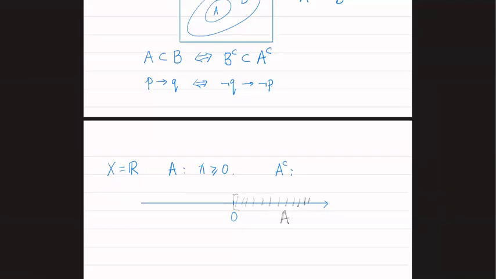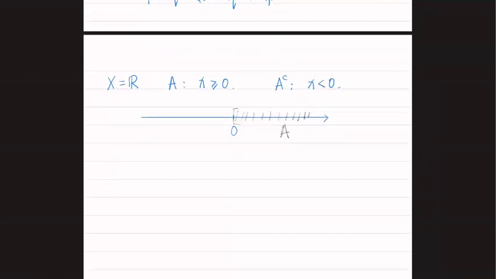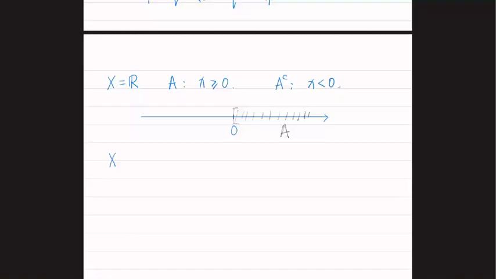Okay, so now we can see the complement will be X less than 0. Okay, let me change the condition. Now take all complex numbers, and I have the same set A, X bigger than 0. What's the complement?